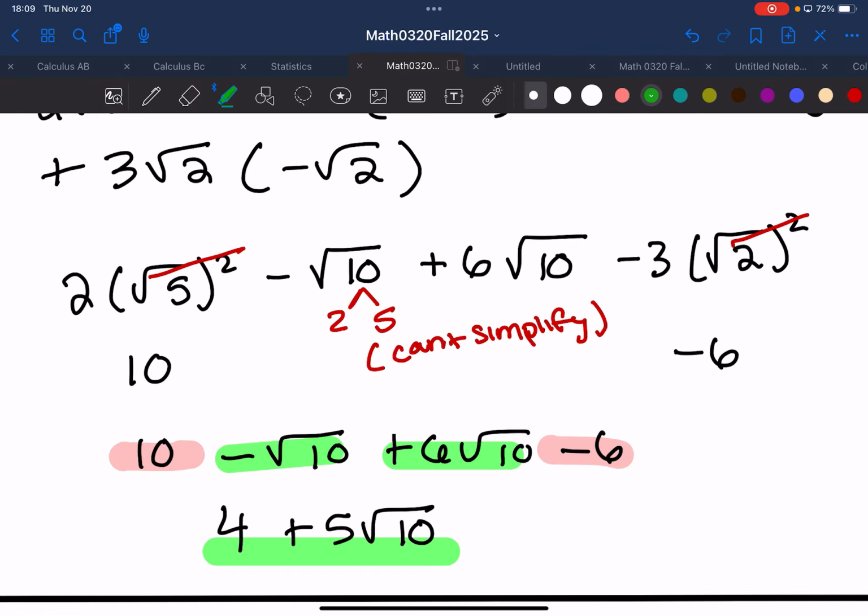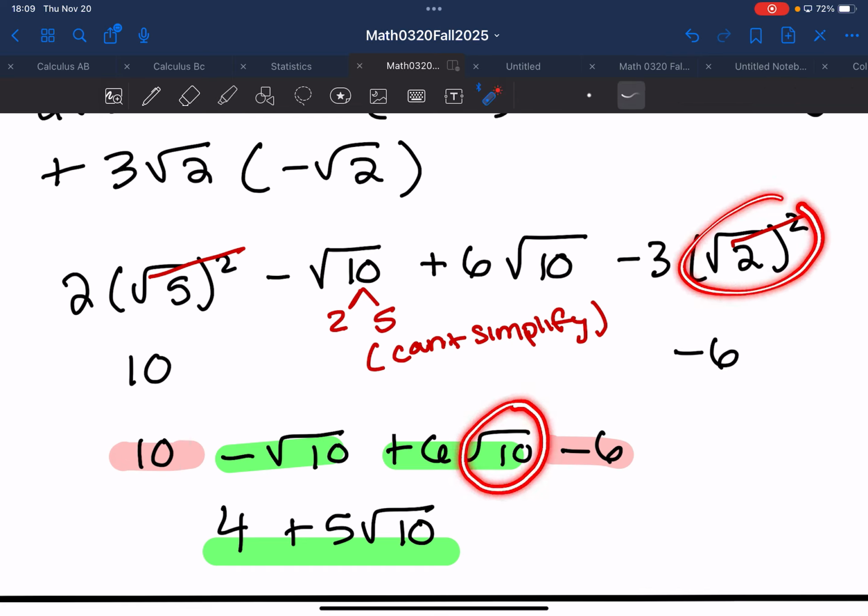How come we don't get rid of the 10 though? Because in the other problems we added or subtracted them. And why doesn't this one cancel out? You mean like why did this not cancel out like this one did? Isn't that technically like a negative radical 10 and a positive radical 10?